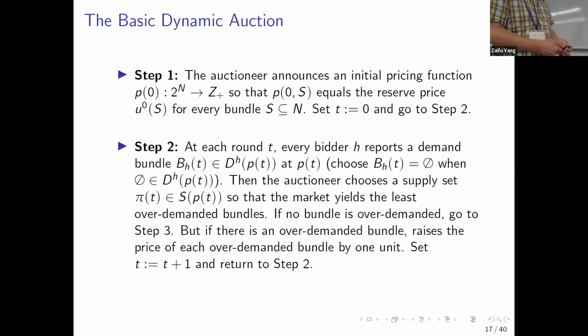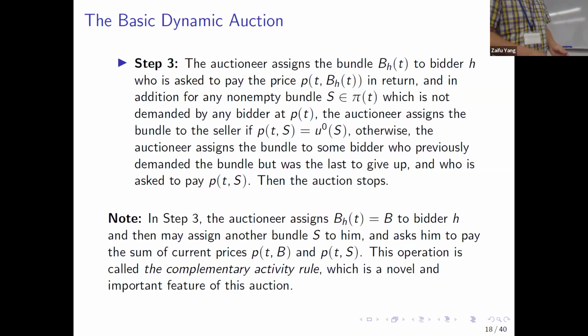In the last step, when the auction stops, the auctioneer assigns the last bundle to every bidder, and asks them to pay the current price. This is the standard one.